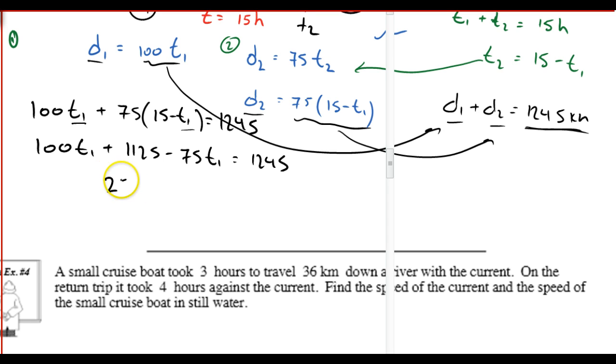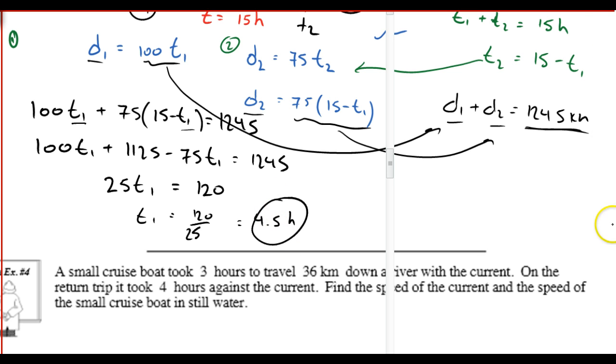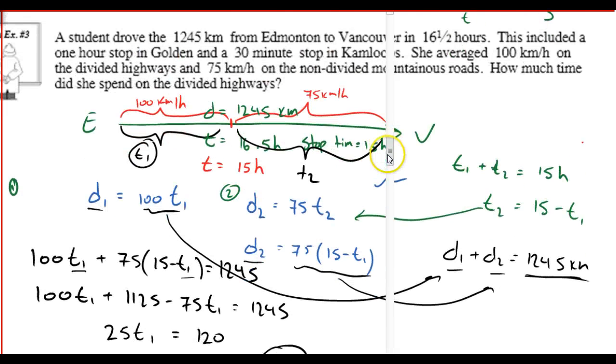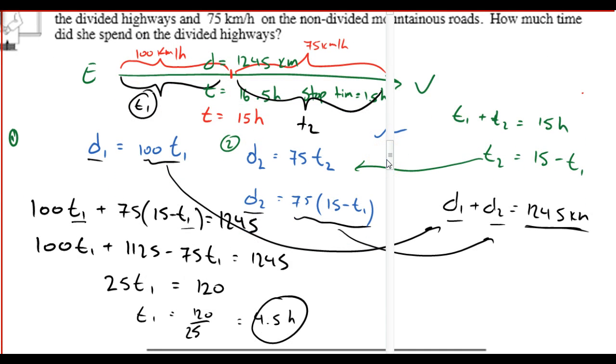So 25 T1 equals 120, and T1 equals 120 divided by 25, so T1 equals 4.5 hours. All right, and that seems to make sense, as she drove fairly quickly. She drove 100 kilometers an hour for 4.5 hours, and then she drove the rest of the way, about 10.5 hours, on the slow driving.